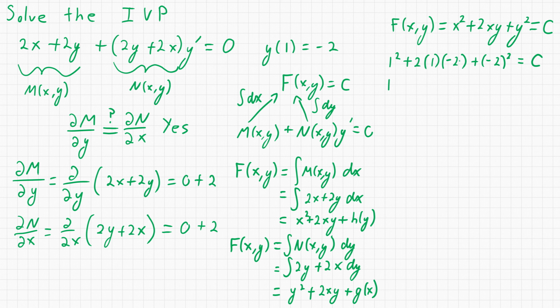That's 1 minus 4 plus 4 equals c. So 1 is c. And so the solution to this initial value problem is x squared plus 2xy plus y squared equals 1. And actually, we can simplify this further if we want. This is actually x plus y, the whole thing squared, equals 1.